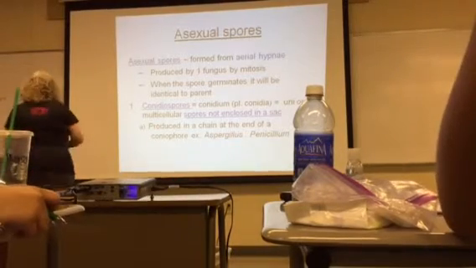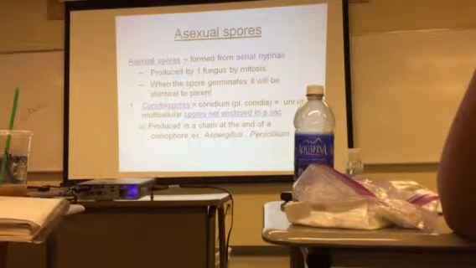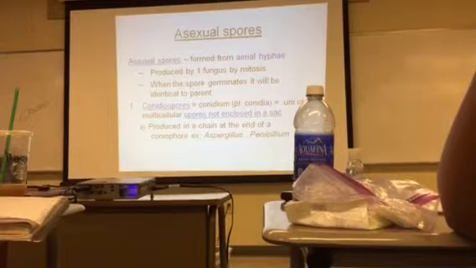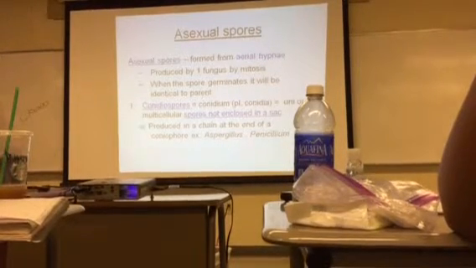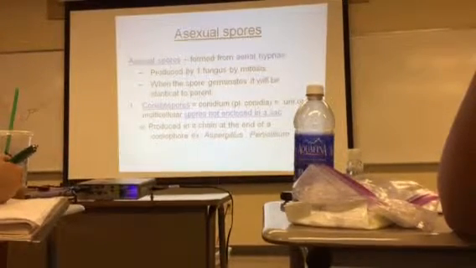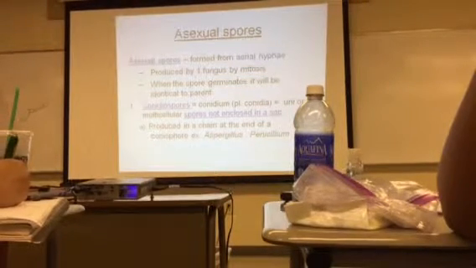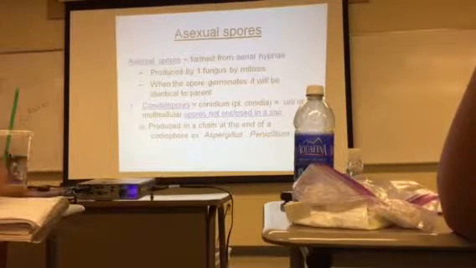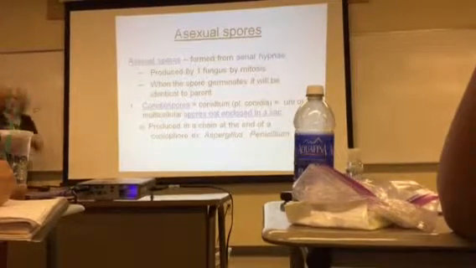So this whole structure is an aerial hyphae, but this stalk is the conidiophore, and the spores are conidiospores. And when we change to something else, it'll still be something spore and then something spore.